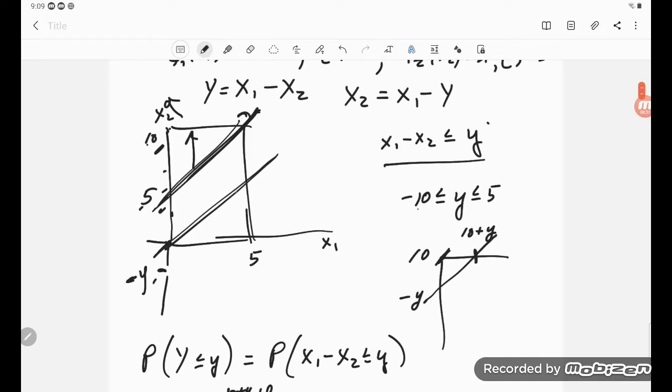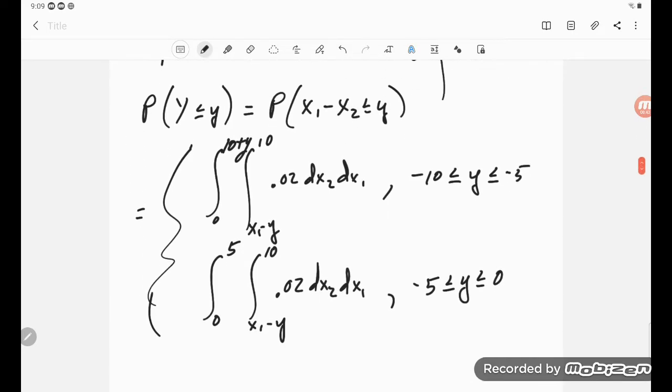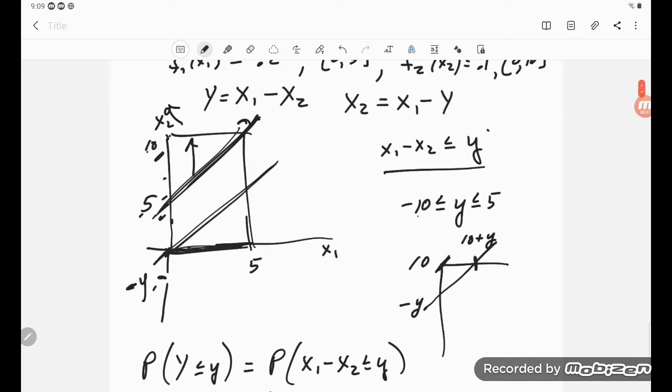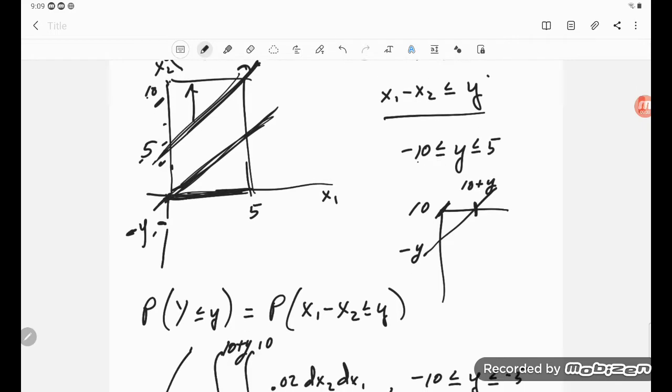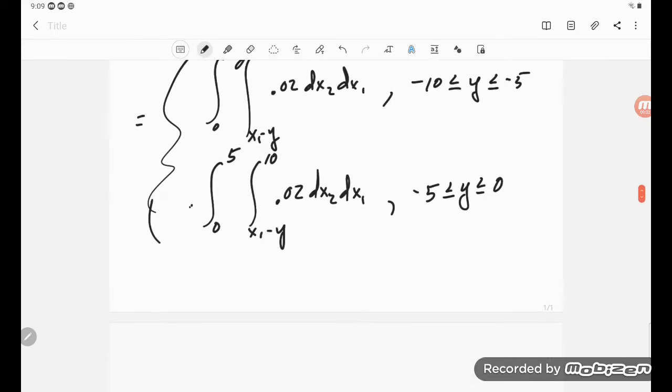And so on every one of those lines, the x1 goes all the way across from 0 to 5, so that's what I have here. And the x2 variable starts at this line, which we know is x1 minus y, and goes all the way up to 10. Okay, so we've got that one.